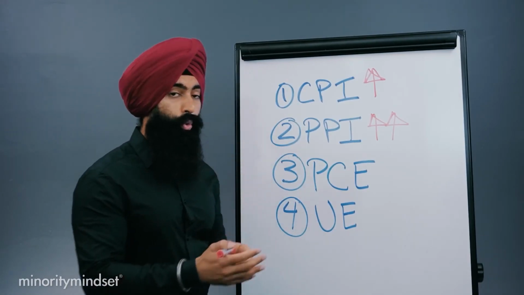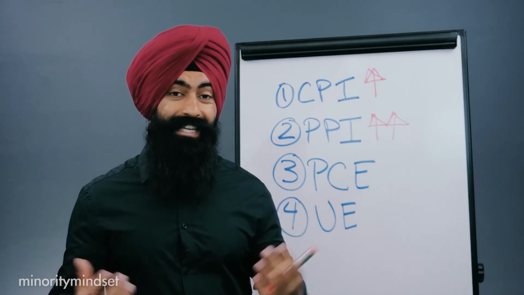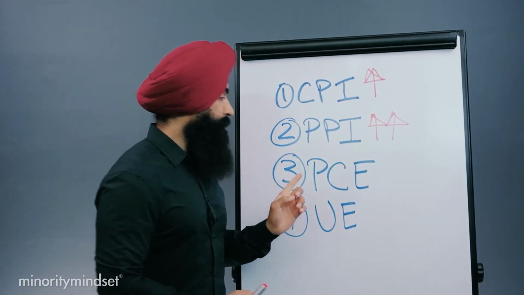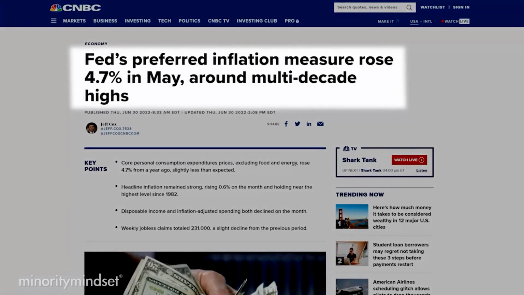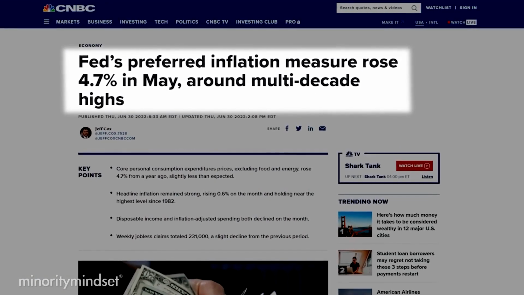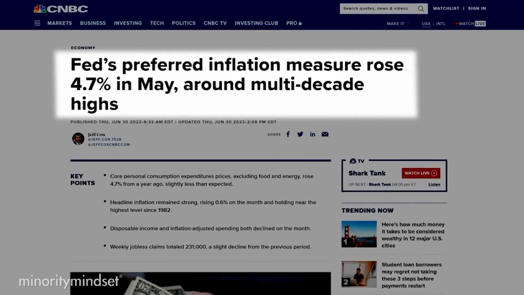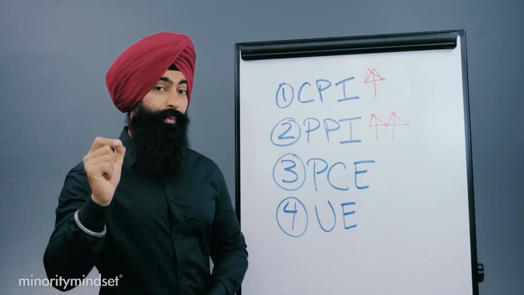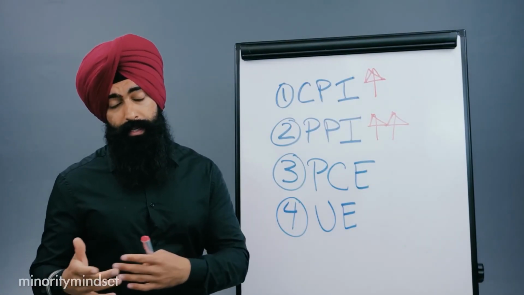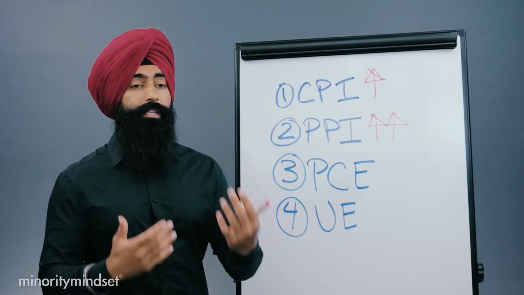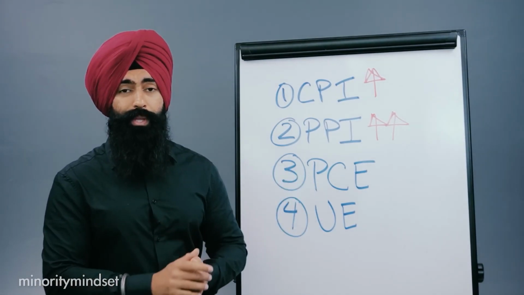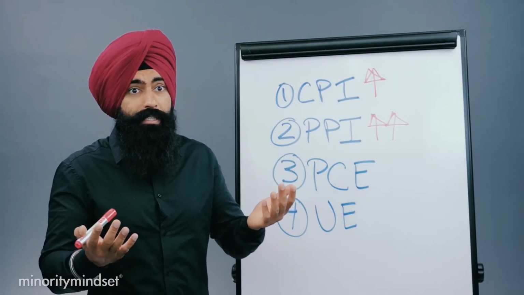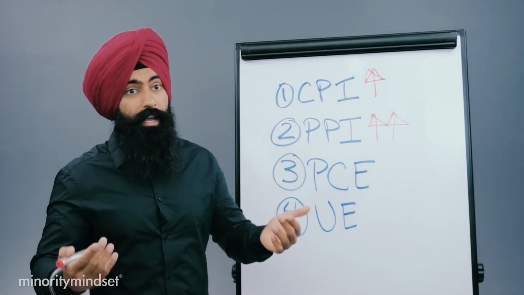Then you have the core inflation numbers, the PCE numbers. Well, these PCE numbers that came out on June 30th, which was the latest numbers, were very high, some of the highest numbers that we've seen, but they were slightly lower than what the Federal Reserve Bank expected, which I guess is good news. However, the thing that you want to caveat that with is it takes out things like gas and energy and food.